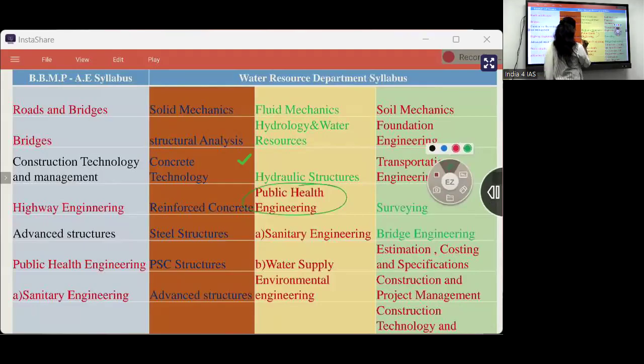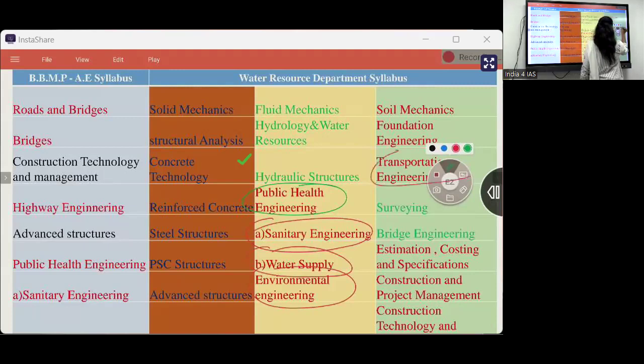Okay. This is again easy. This is easy. So first you have to mark which is easy for you. Other than this, for me, transportation is very easy. Even if I am not studying, I can easily attempt. So there will be subjects you are confident in. That is left to your individual choice.